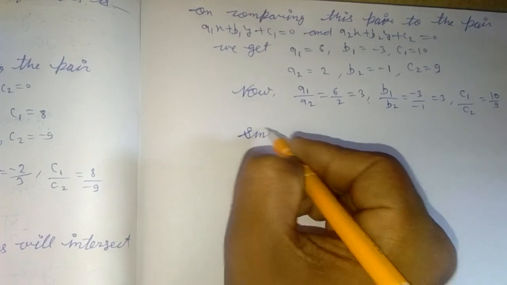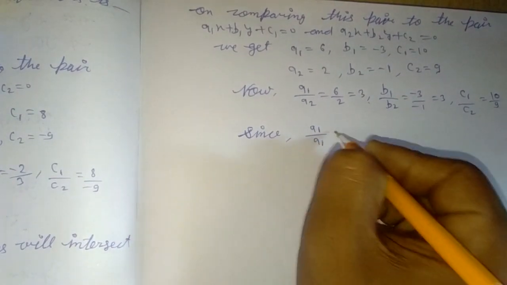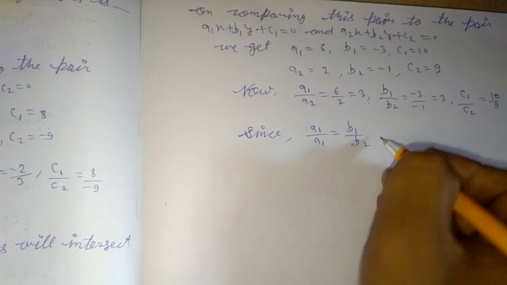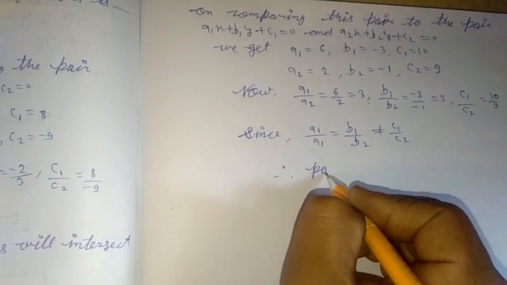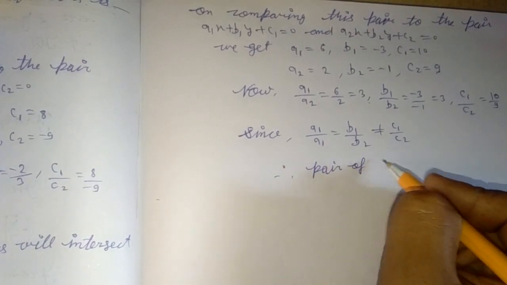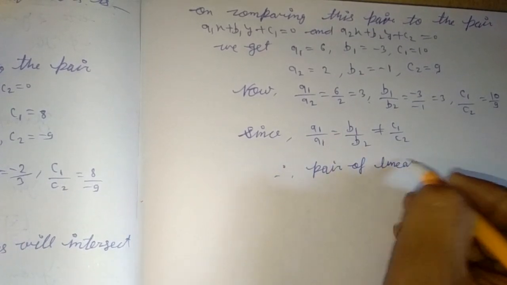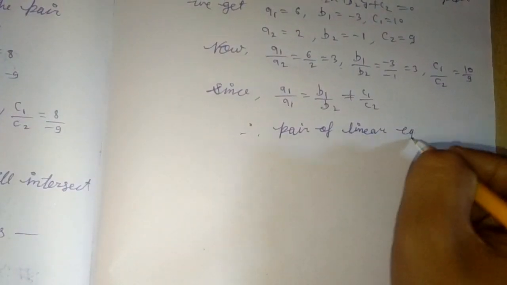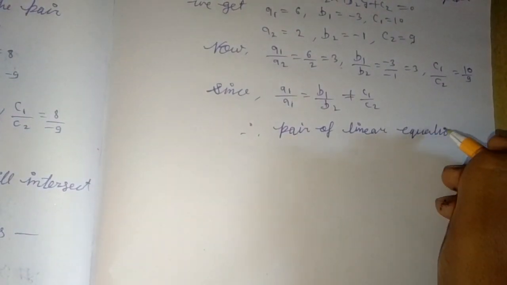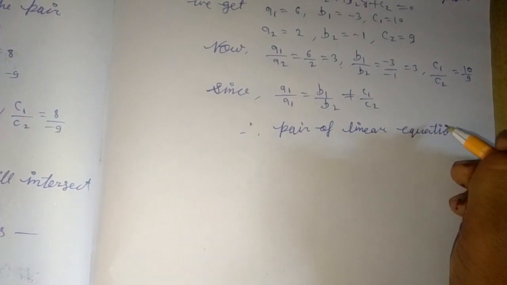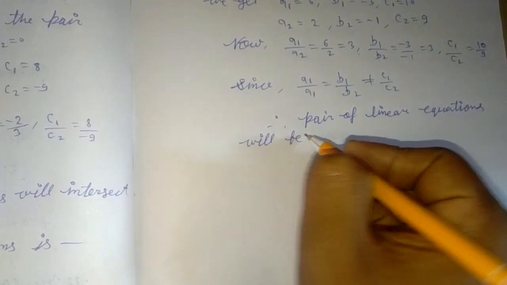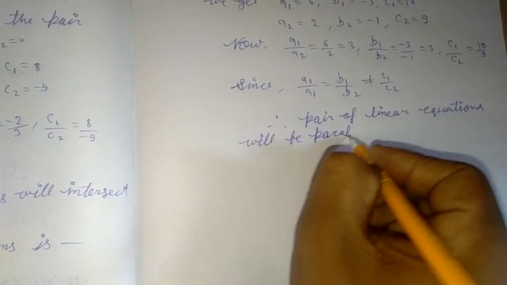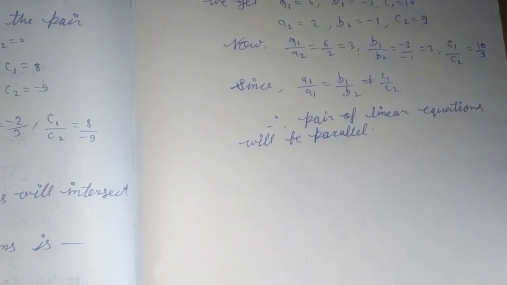Since a1 upon a2 equal to b1 upon b2 but both do not equal c1 upon c2, therefore pair of linear equations will be parallel.